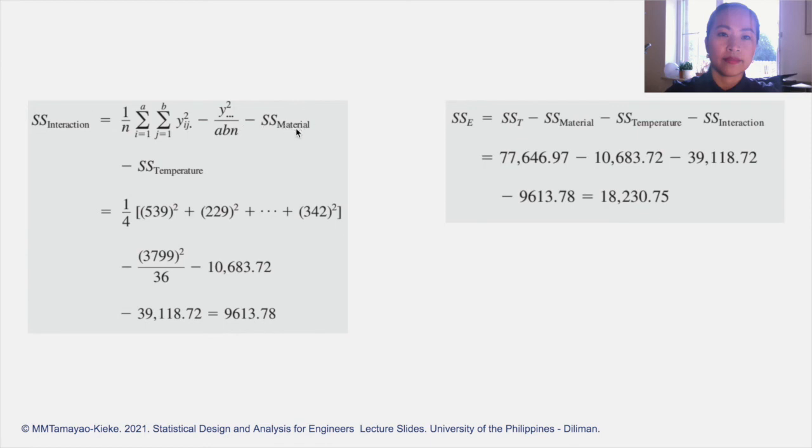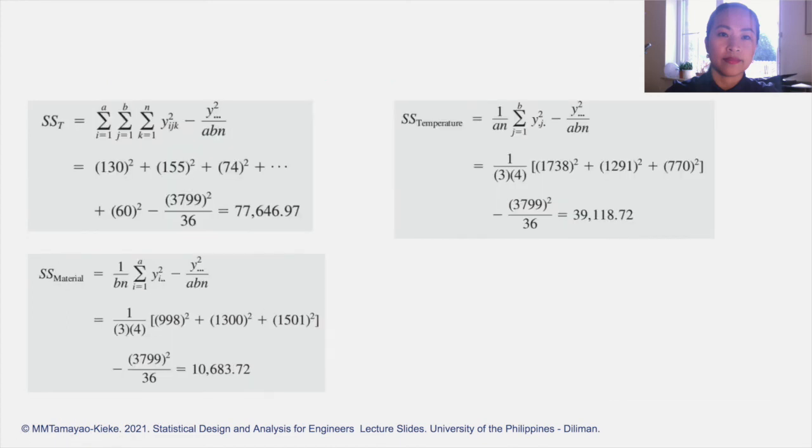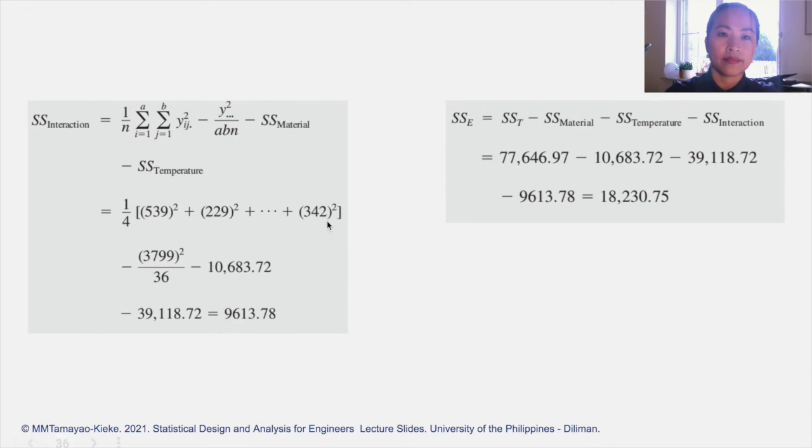So our n is equal to 4, so 1 over 4 multiplied by, what are our cell totals? They would be this thing. So 539 squared, 623 squared, 576 squared, etc., minus, again, the same value.